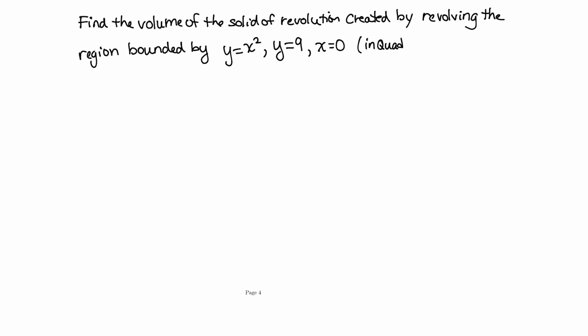I just want quadrant 1. About the y-axis. So I want the region in quadrant 1 bounded by y equals x squared, y equals 9, x equals 0, revolved around the y-axis. And I want to know what is the volume of the resulting solid of revolution.